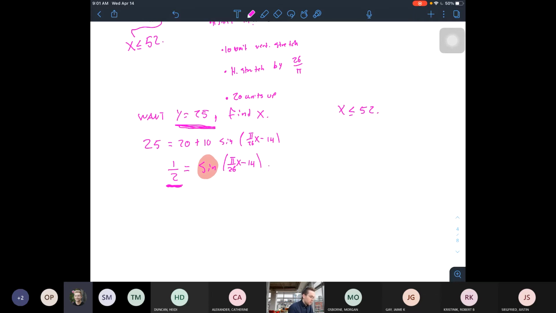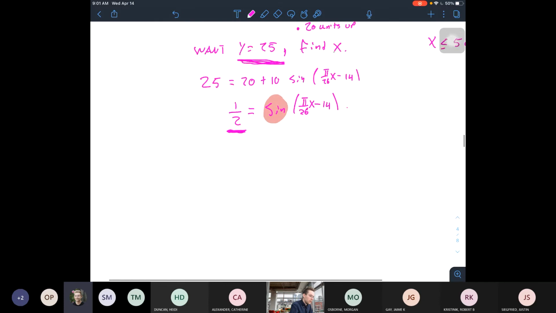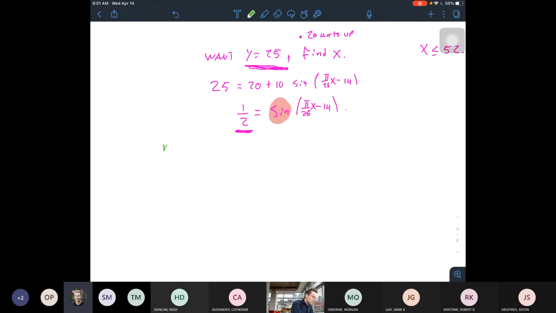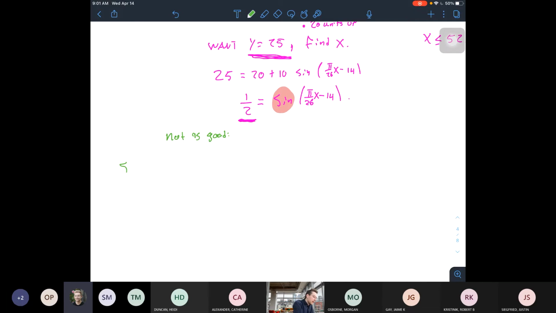Okay, so from here, students took a couple of routes. The not as good route is as follows. The not as good route was to apply the sine inverse function. And this was then equal to pi over 26 (x minus 14).